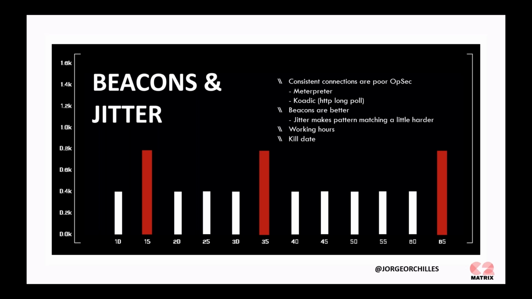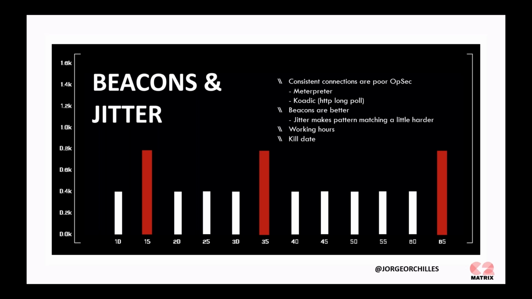But generally a consistent connection, say over HTTP, looks really shady. Most blue teams will catch that because HTTP is not a protocol that's supposed to be a consistent connection. It gets, and you get requests back. So things like Meterpreter, which I'm sure everyone's familiar with, is that consistent type of connection.